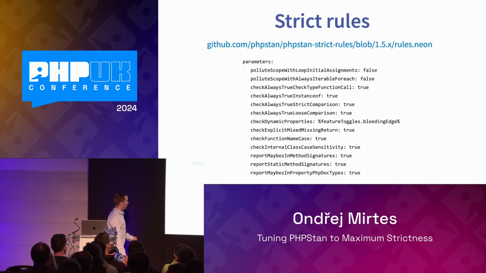So it just reconfigures the core PHPStan behavior to be a little bit stricter. And these options are documented. You can turn them on separately, even without this package, and they are documented on the website. Another point to this package are extra custom rules.